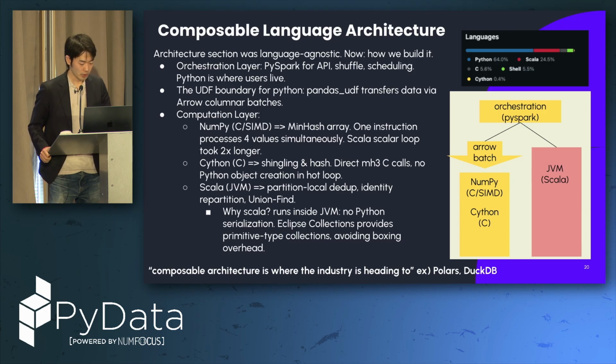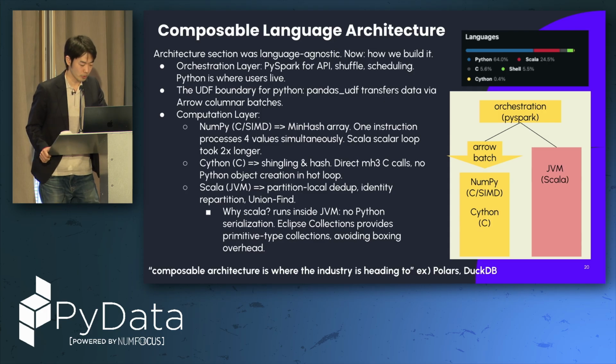Lastly, Scala in JVM is used in multiple functions such as partition-aware local deduplication, identity repartition, union find, a lot of locations. Why Scala? Because it's running inside of the JVM, so we can avoid Python serialization, deserialization. For these functions, the bottleneck is in the Python serialization, deserialization part.